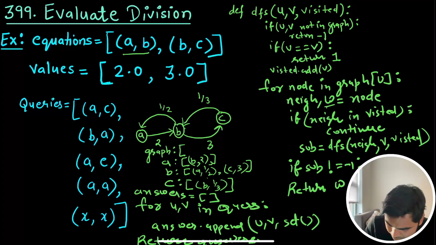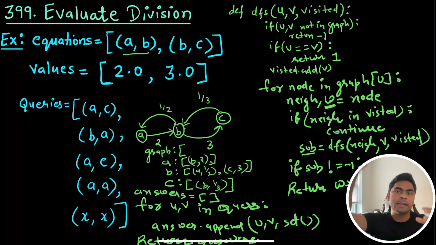W, the weight, times sub. This weight, because you took this node's help to get to the destination, which is v, and this sub is the cost of getting to the destination from this neighbor. So this is what we return right here.